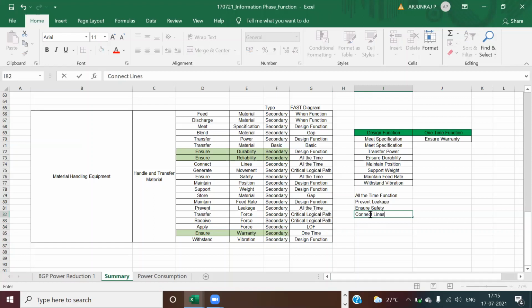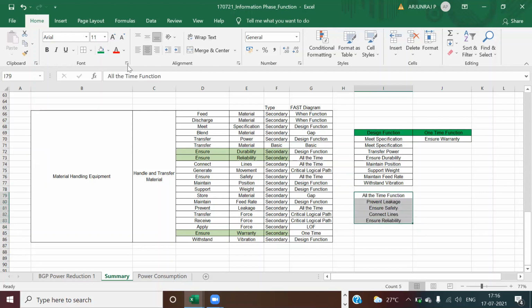Maintenance. Ensure reliability. And even ensure safety, your return. And connect lines, yes. Reliability, yes. So these are all the other time functions. So we have considered all these things.